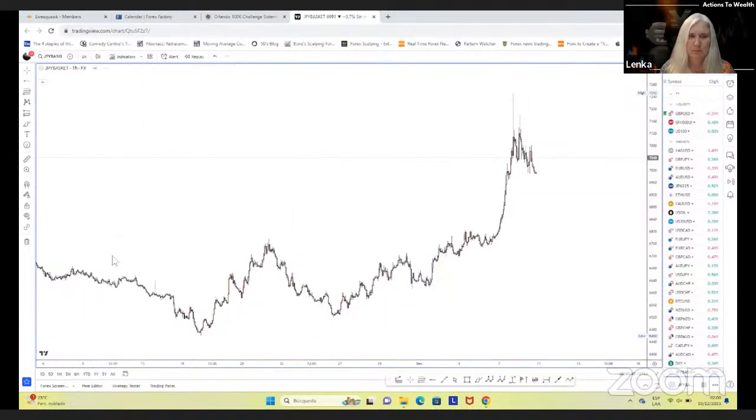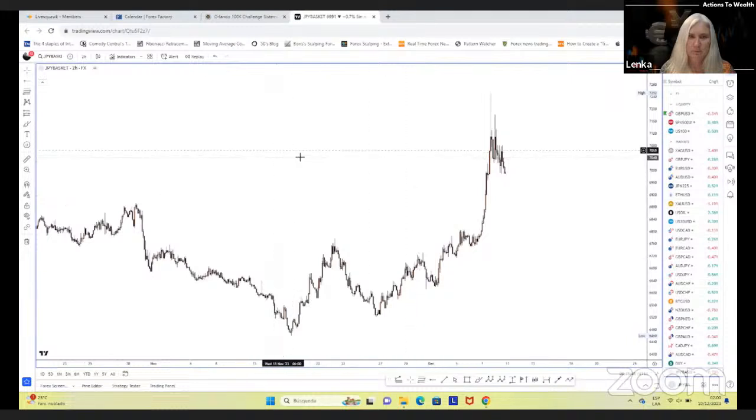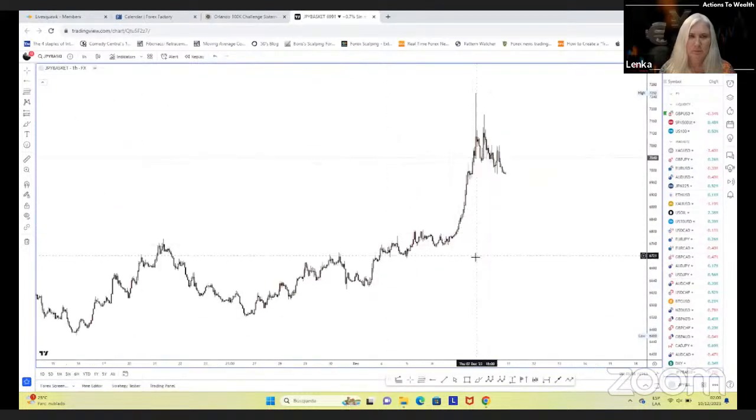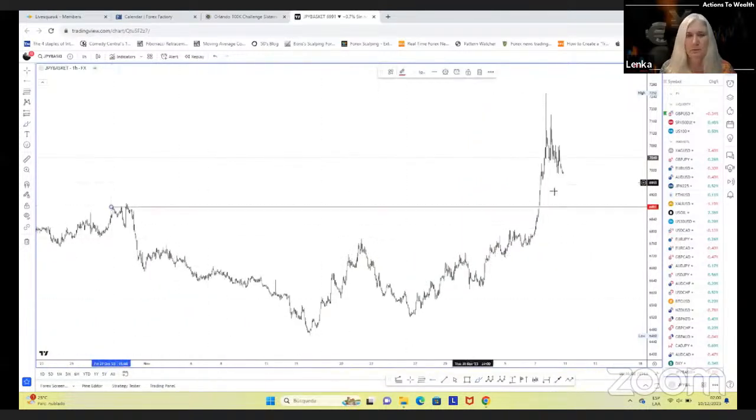Let's go to 2 hour chart, right? Very bullish, very bullish. So I'm looking for longs. I've been playing the long side on the Japanese yen this entire past week, and I continue to look for longs. Now, a couple of things here. It is not as clear as on the US dollar, but if you notice here, we have these highs.